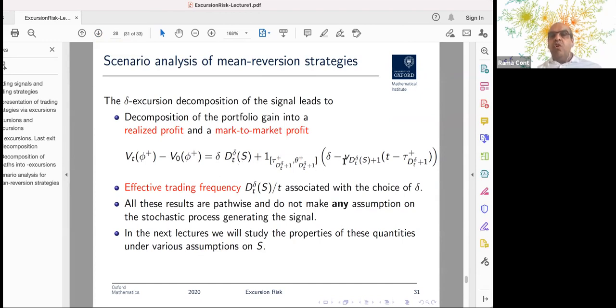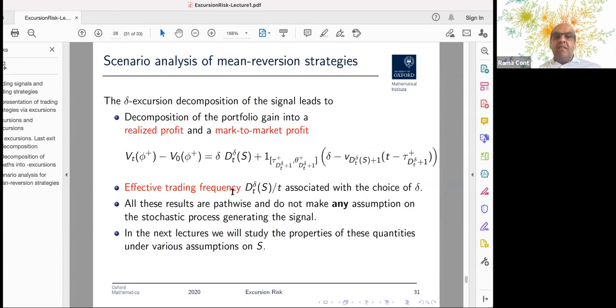The second term is the mark-to-market profit of my current position. This has a natural financial interpretation, and the two terms depend on two different parts of the decomposition, so they can be calculated independently.